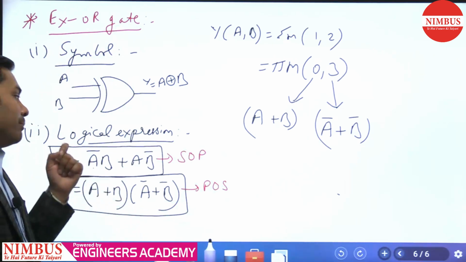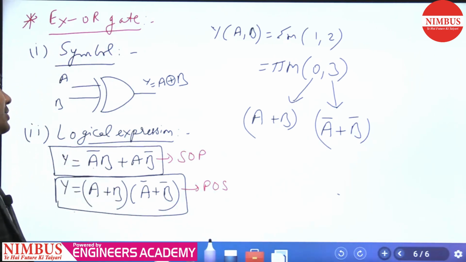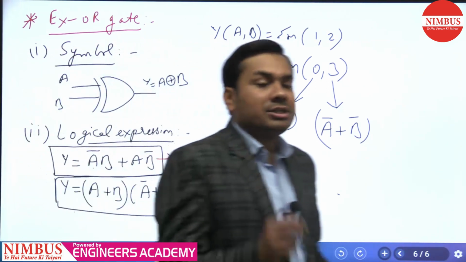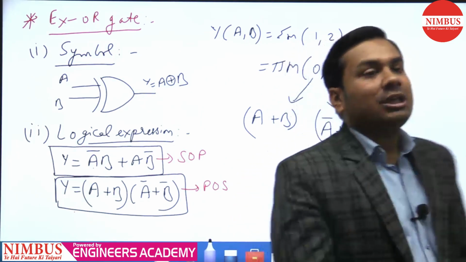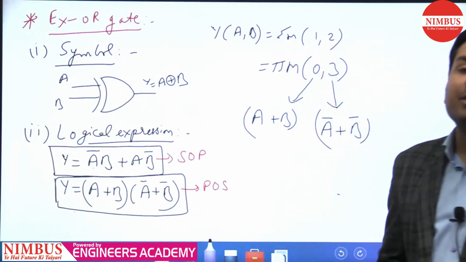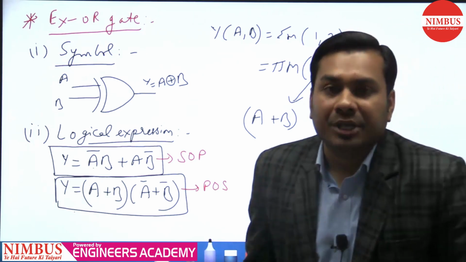So the important point is that you have to remember it, keep this in your mind, that the SOP expression for XOR is a bar b plus a b bar, that is the most important. And for the POS expression, that will be (a plus b) dot (a bar plus b bar).